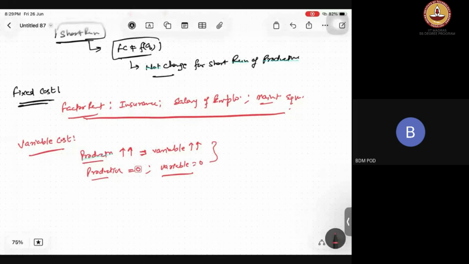I'll take one very interesting example for explaining this. Suppose you have started a coaching recently, and suppose there are no students, so you don't have to turn on the ACs in the room because there are no students. Now suppose one student is coming to the room to study in the coaching. Then you can manage with the help of one fan. But if 30 students are there in the room, then you need to switch on the ACs.